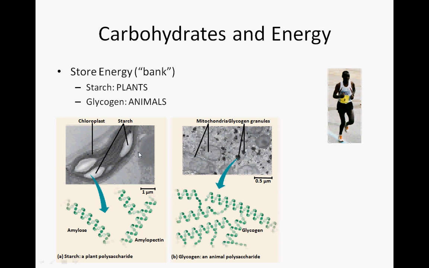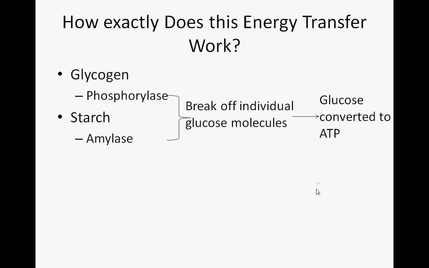Starch and glycogen molecules tend to be so large that using microscopy you can actually see them. So this is a big ball of starch in a plant cell, and these black specks here are big globs of glycogen in an animal cell. Okay, so how does this transfer of energy work? You have glycogen or starch. They interact with an enzyme.